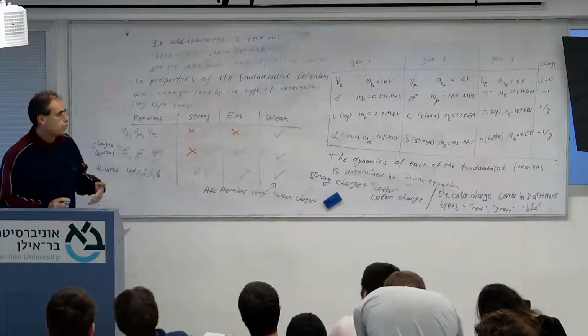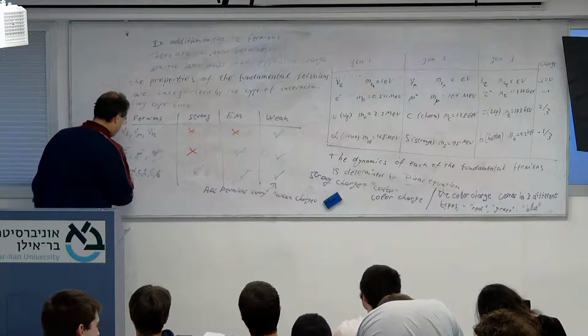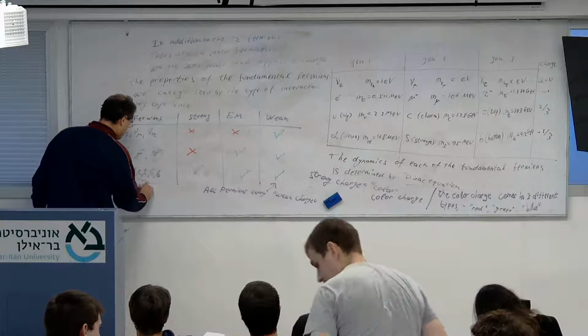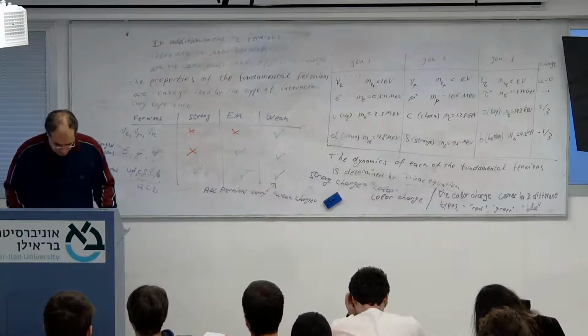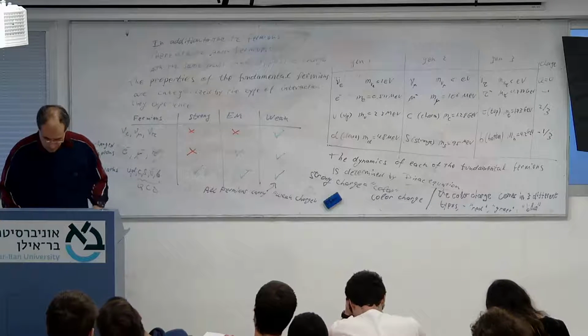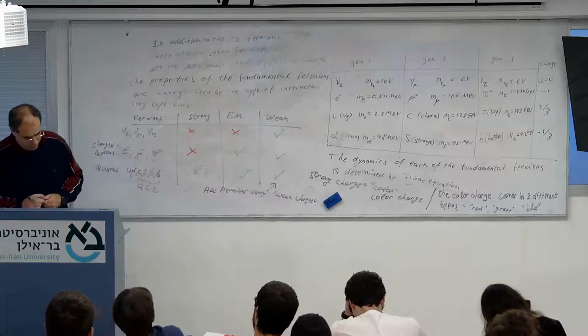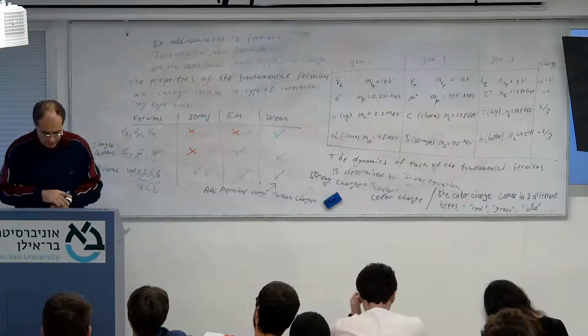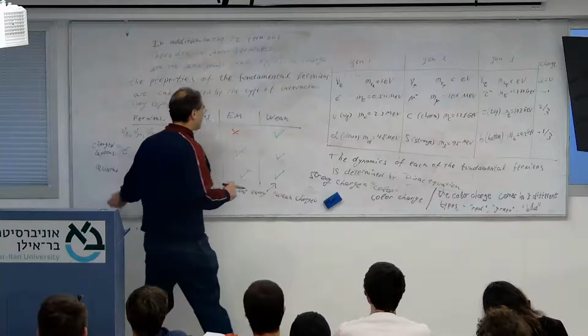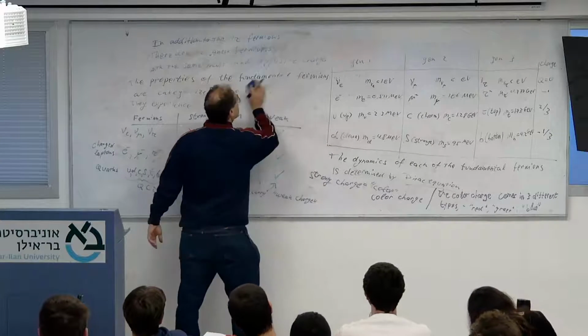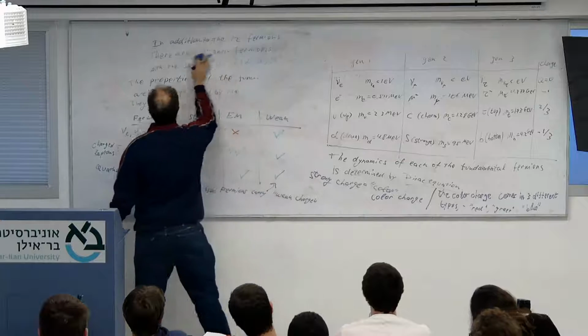That's why it's called quantum chromodynamics, that's QCD. I already mentioned that quarks are never observed as free particles, but always confined to bound states. And the bound states of quarks are known as hadrons.